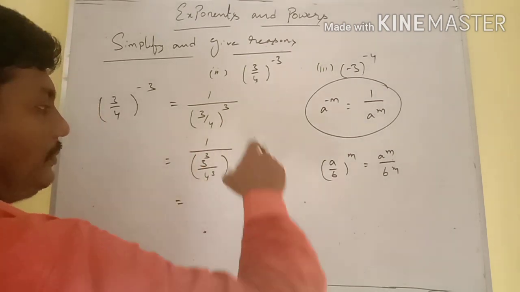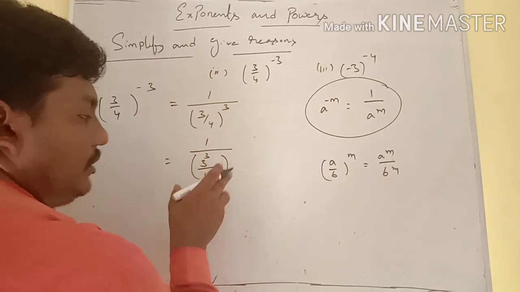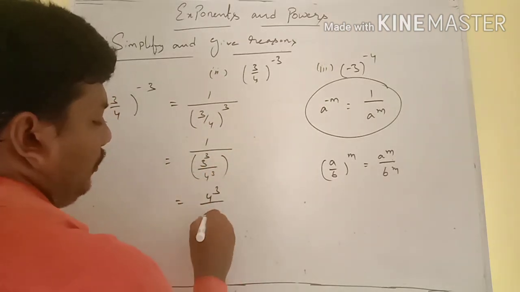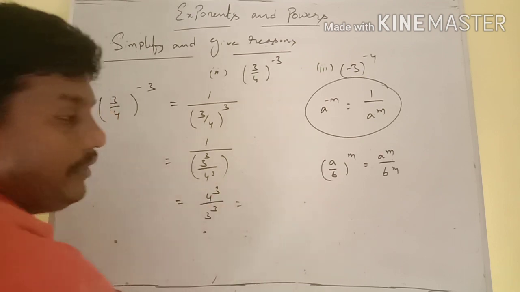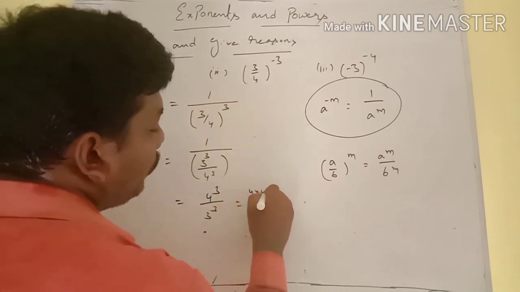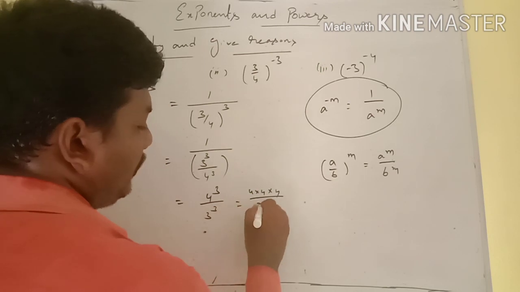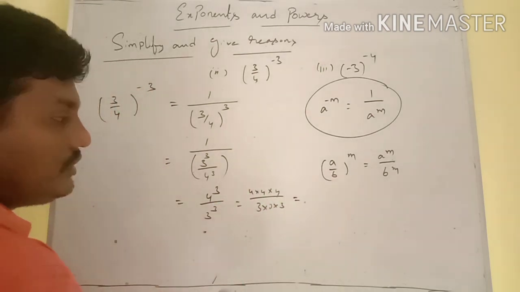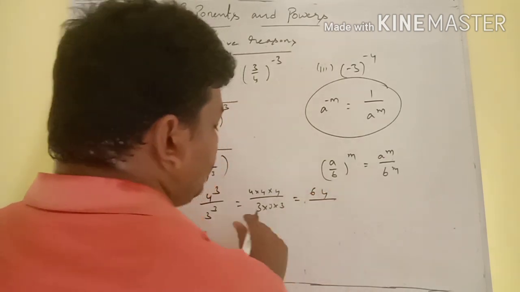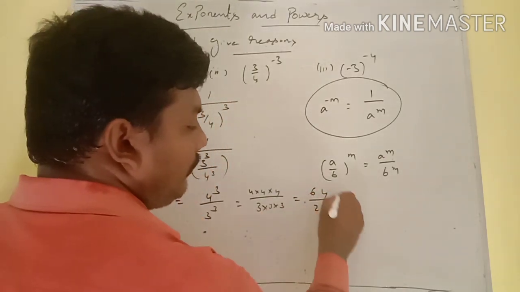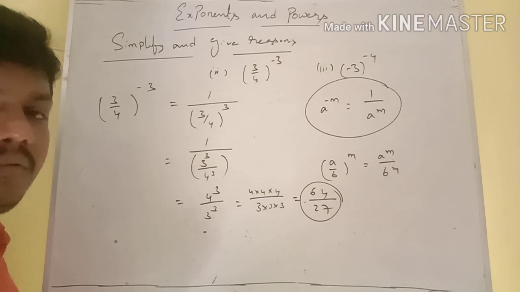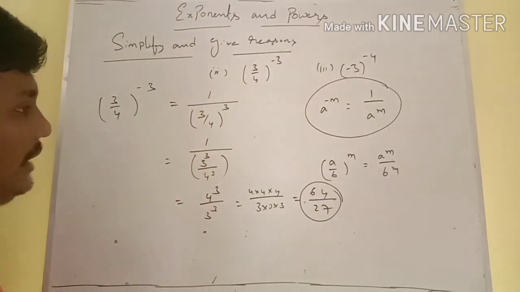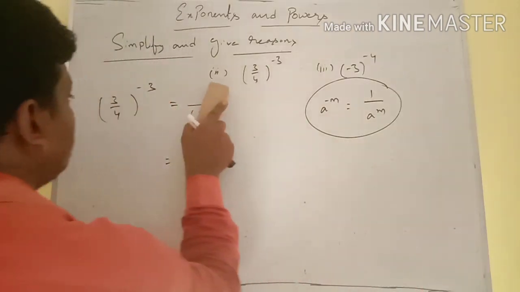Now it should be 1 by, under the denominator it is division, so it is reversed: 4 power 3 by 3 power 3. 4 power 3 means 4 into 4 into 4, and 3 power 3 means 3 into 3 into 3. So 4 4s are 16, 16 4s are 64. Then 3 3s are 9, 9 3s are 27. The answer is 64 by 27. Next comes to the question.